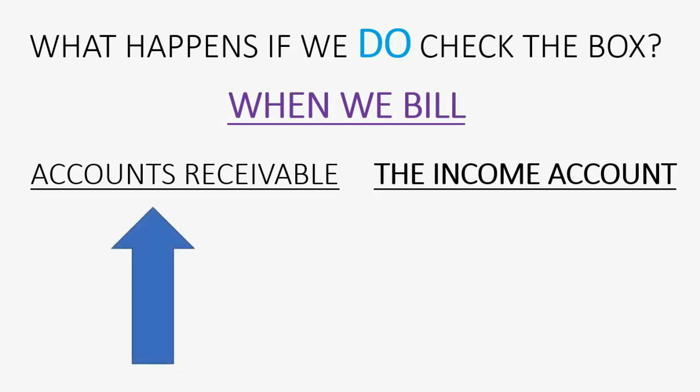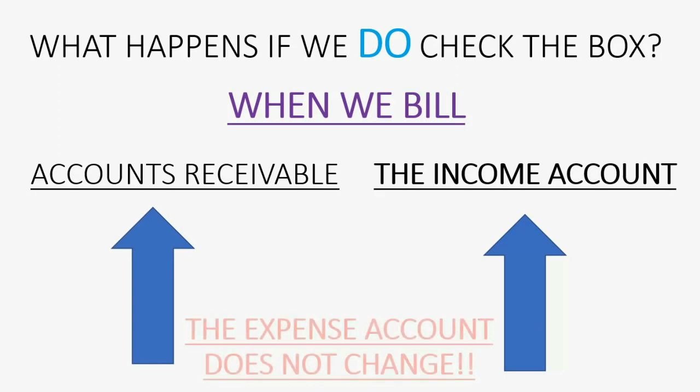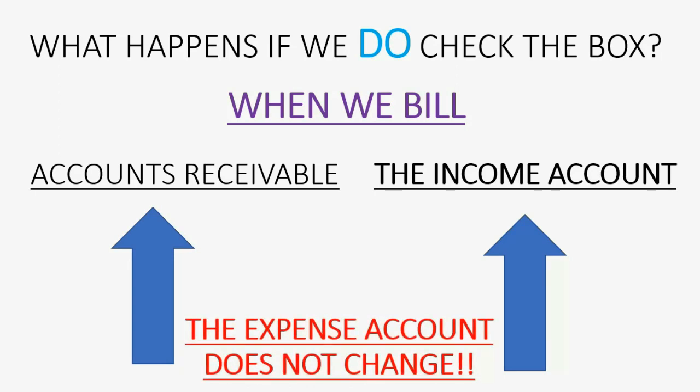The accounts receivable goes up because the client owes us more, and the income account, income from billable research, of course, will go up because we get income from billable expenses, but the expense itself will not change. Now that we changed the preference, research expense will not change. Instead, the related income account will go up.